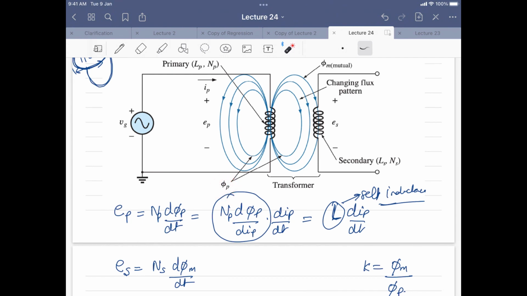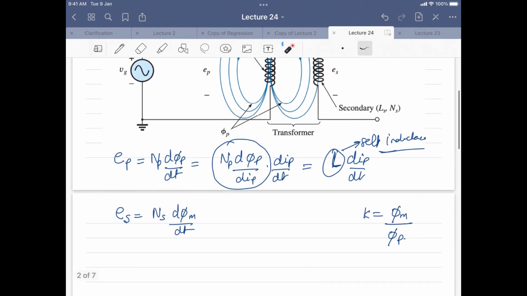We want to understand how much fraction of the primary flux is going into the secondary coil. That is called the coefficient of coupling, K. So K determines how much of the primary is going into the secondary one. It's a fraction which is defining that.